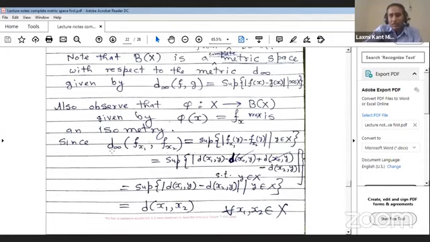So the distance between fx1 and fx2 is nothing but the distance between x1 and x2 for every x1, x2 inside X. So this phi is an isometry.